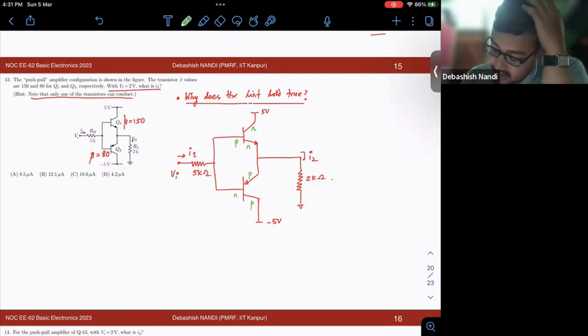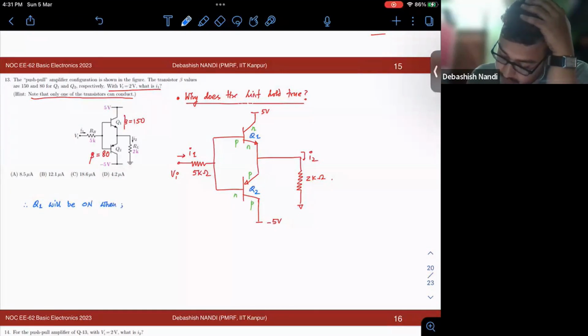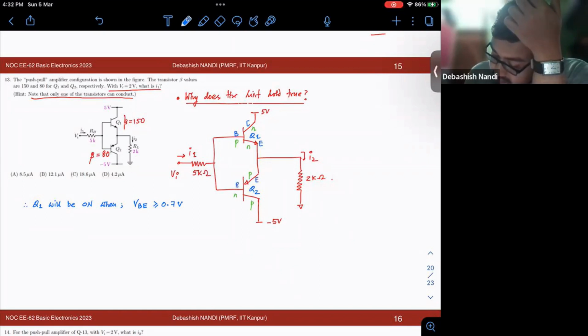The first thing is, this is Q1, this is Q2. Q1 will be on when VBE is greater than or equal to 0.7 volt. That means this is B, this is C, this is E. This is E, this is B, this is C.